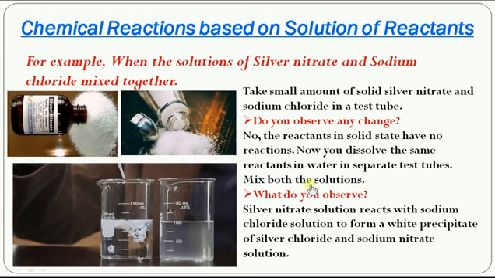Now mix both solutions. What do you observe? The silver nitrate solution reacts with sodium chloride to form a white precipitate like this. It is nothing but silver chloride, along with the formation of sodium nitrate solution. I told you the precipitate is an insoluble substance formed in the reaction, right?